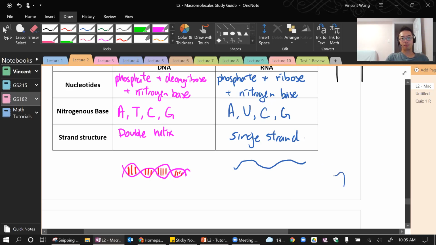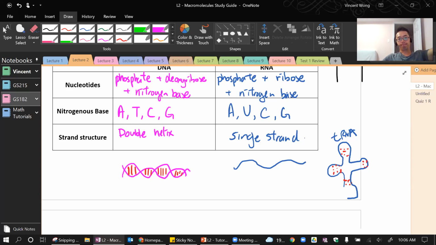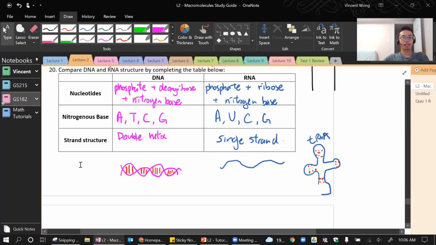Some of the RNA is going to fold up like this and form a clover leaf shape, right? This is something called tRNA. We will talk about that later. But it will be able to fold up onto itself, so this part would interact with each other to stabilize the structure. More on that later. And that is it for the nucleic acid.